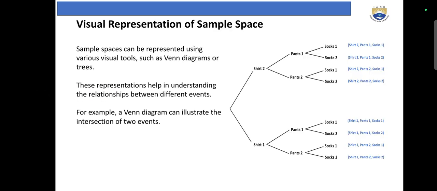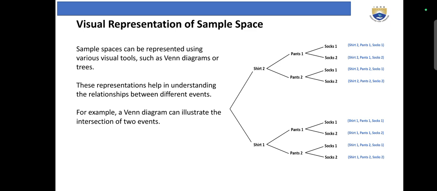Visual representation of sample spaces. Sample space can be represented using visual tools such as Venn diagrams or trees. Suppose there are examples: shirt 1 and shirt 2, pant 1 and pant 2, socks 1 and socks 2. Two shirts, pants and socks.